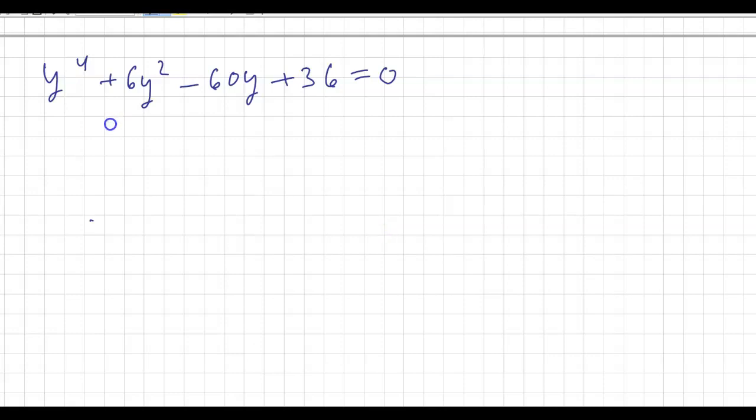So step one, and this is the process: add 6y squared and 60y to both sides, and also subtract 36 from both sides.